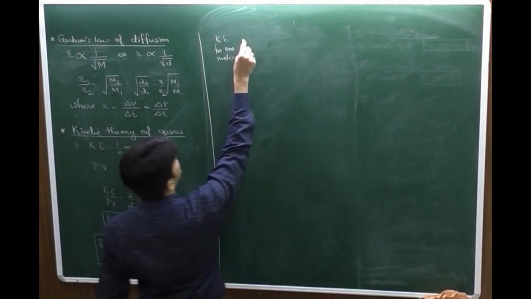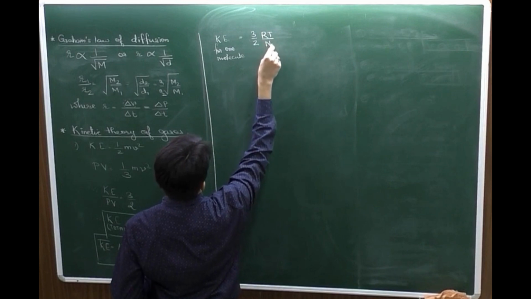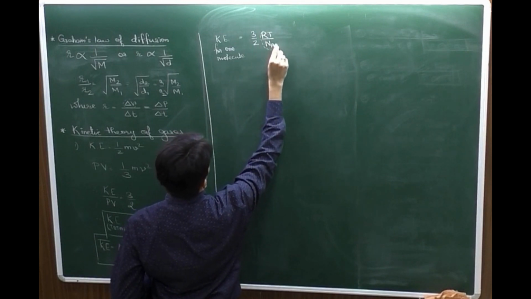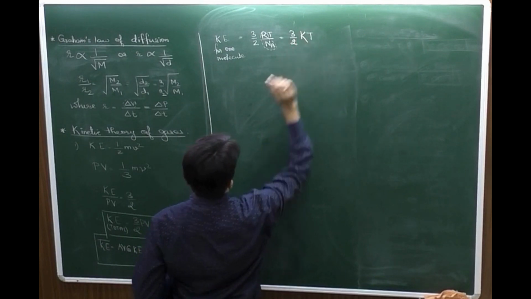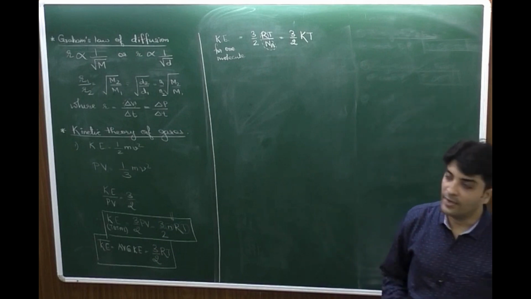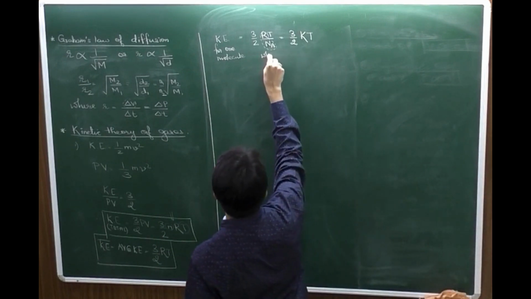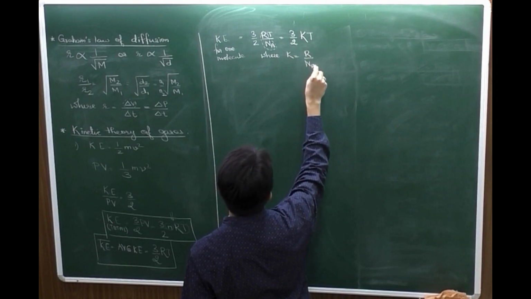So what you get for one molecule is 3 by 2 RT upon Na. But this R by Na ratio is k, the Boltzmann constant. Hence, the formula reduces to 3 by 2 kT, where k is the Boltzmann constant equal to R by Na.